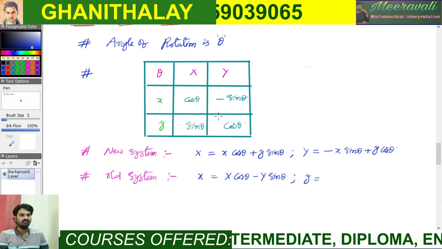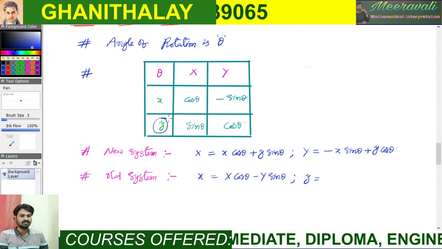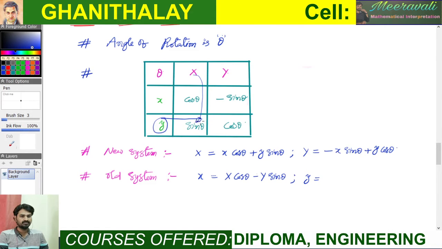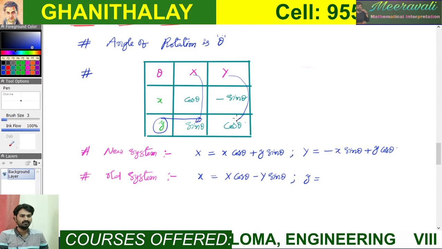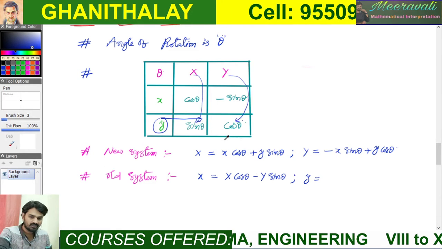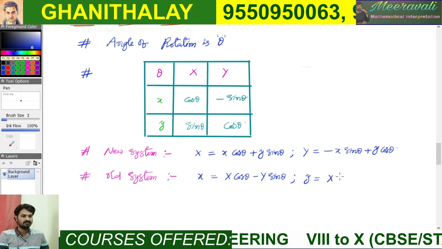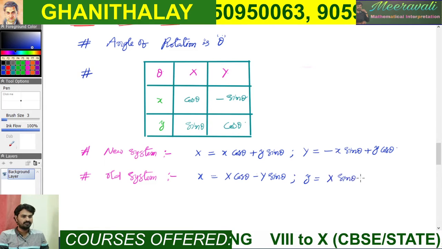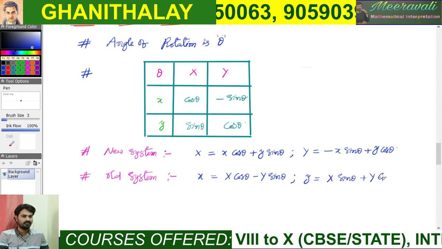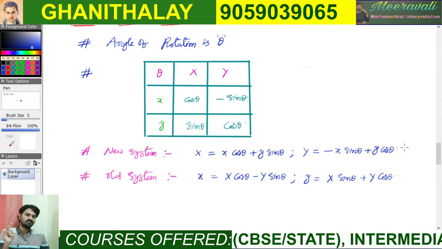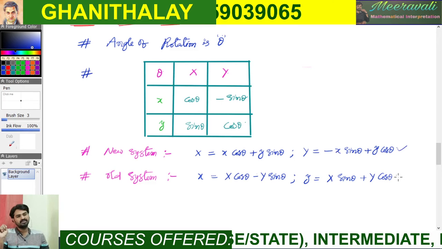In the same way, to find small y, in this direction, multiplying capital X to this column, capital Y to this column. Now how do you get this one? Small y is equal to capital X sin theta plus capital Y cos theta. Okay, if you want to find the new system coordinates, these formulas you can use.